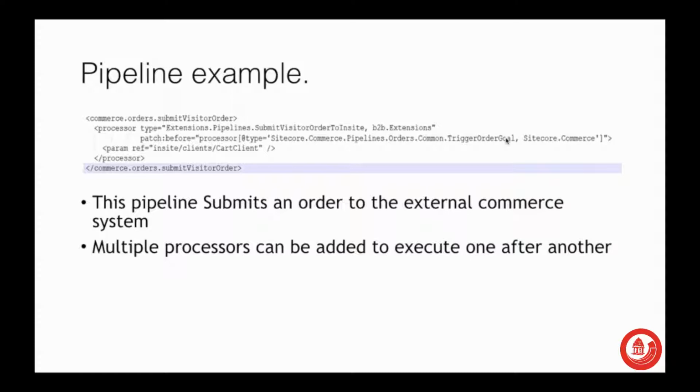So it will trigger the goal only after this particular SubmitVisitorOrderToInsight is successful. And then this particular class that we have written also takes a parameter in the constructor. That is what we are given as param ref, Insight client.